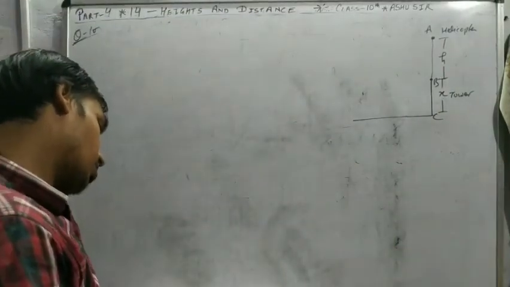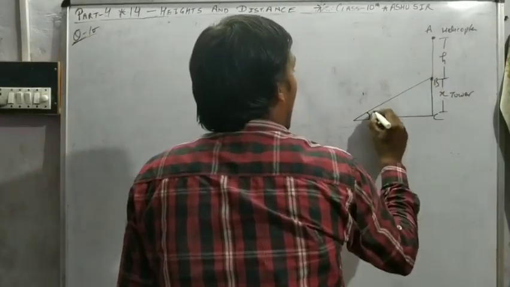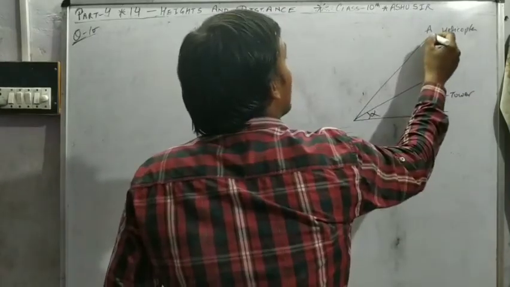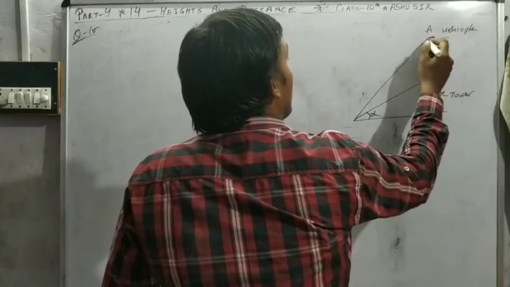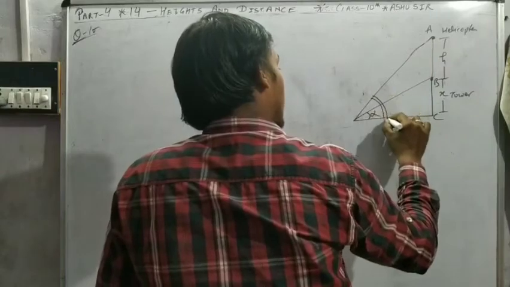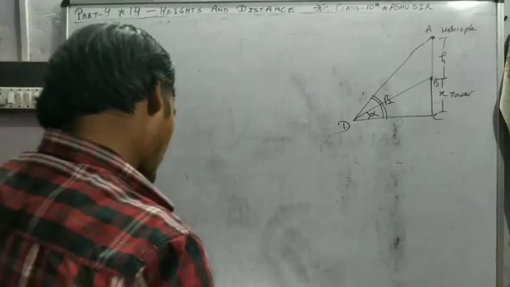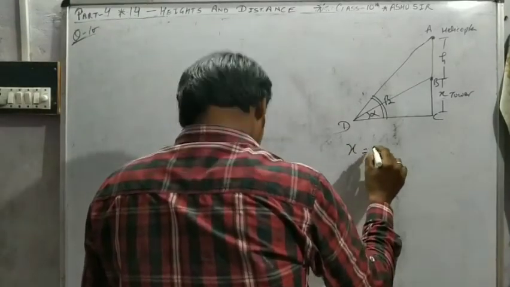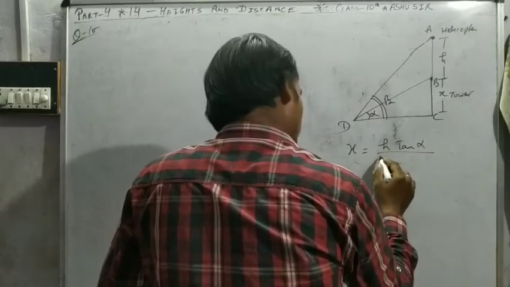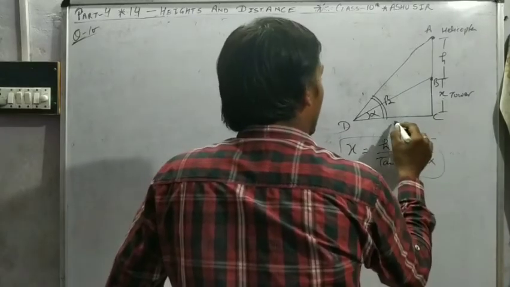The angle of elevation of the tower is alpha, and that of the helicopter is beta, from the same point. This is beta. Find the height of the tower: h tan alpha upon tan beta minus tan alpha. Suppose the distance is y.